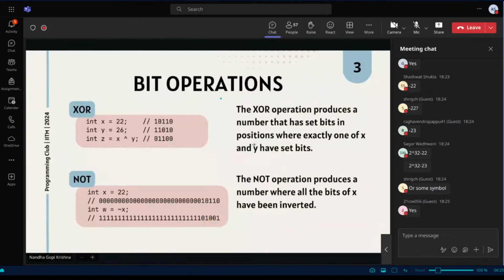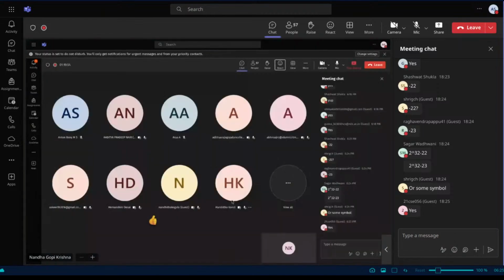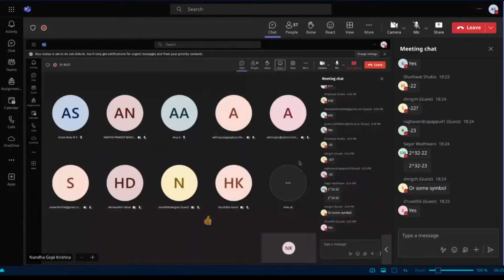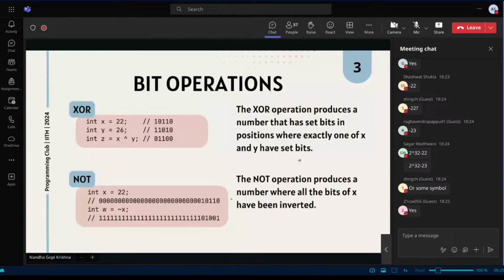The answer will be negative 23, as one of you have said. How is it so? That is because in 2's complement, if we take the NOT of a number, we get negative of x minus 1. You can learn more about 2's complement on your own later on.